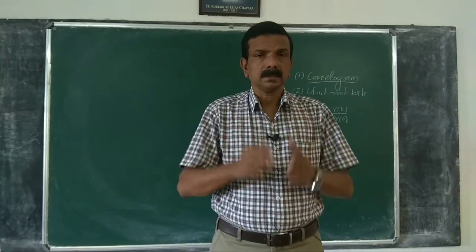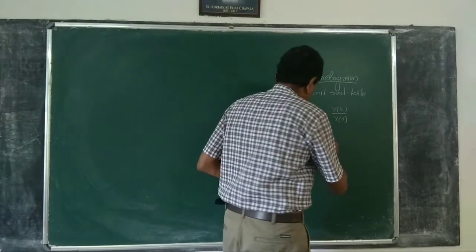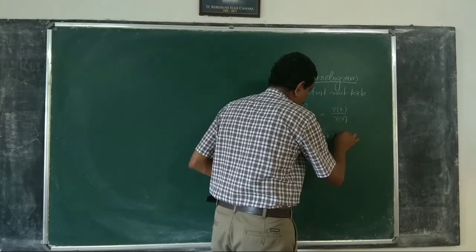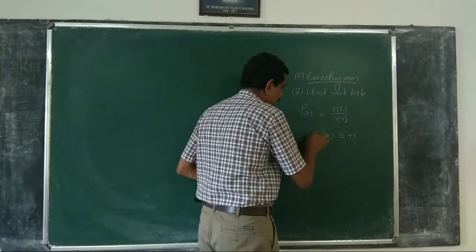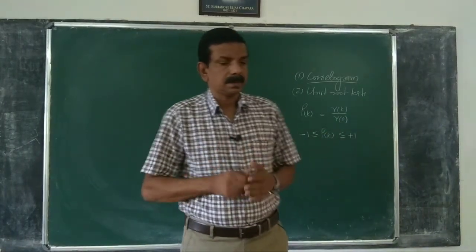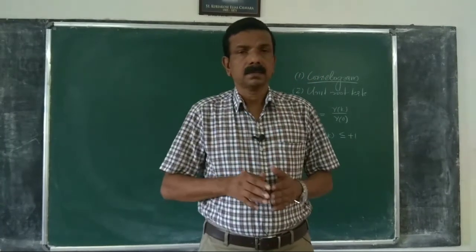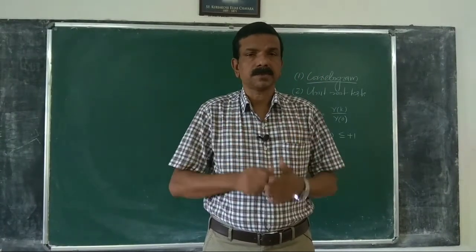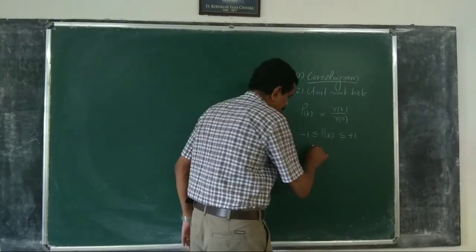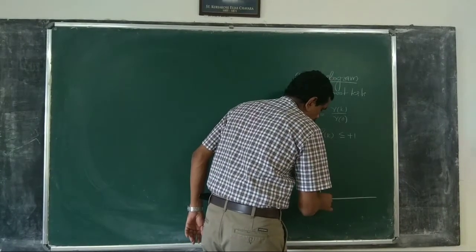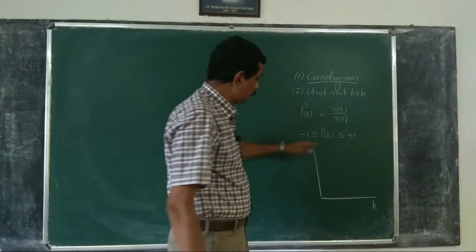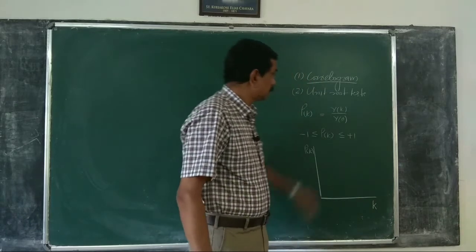And while discussing this autocorrelation function, we have shown that rho k is less than or equal to plus 1 and greater than or equal to minus 1. That is, rho k, like any correlation, lies between minus 1 and plus 1. If you plot rho k against k, say like this is k and this is rho k, a plot of rho k against k is known as correlogram.